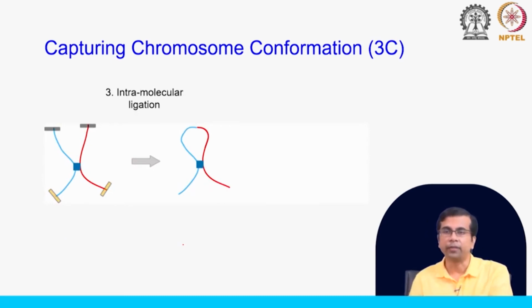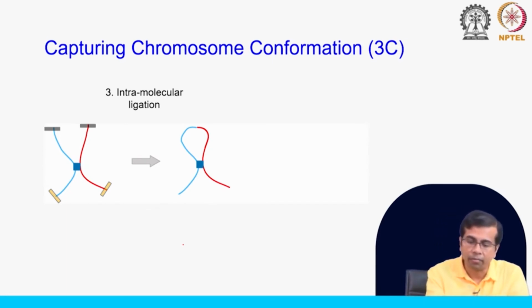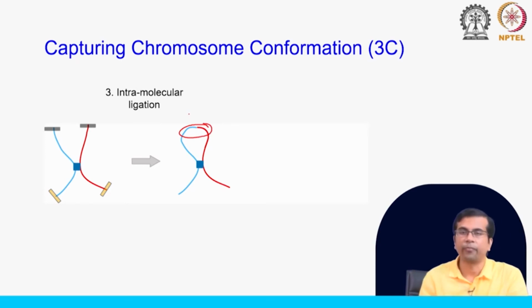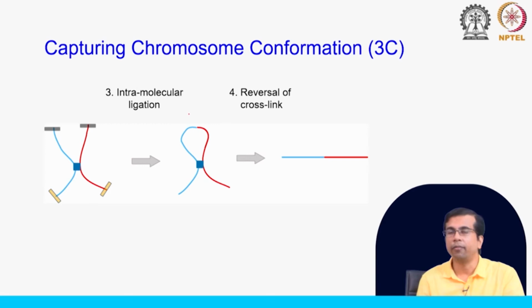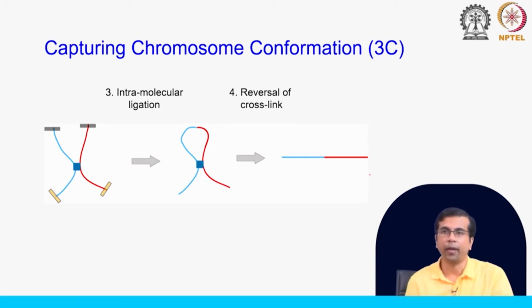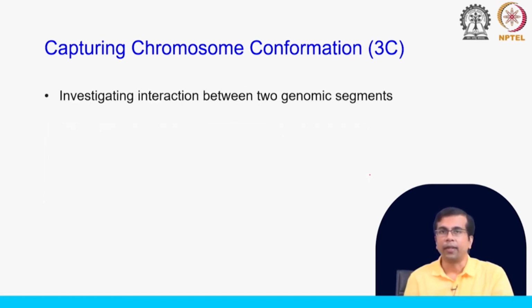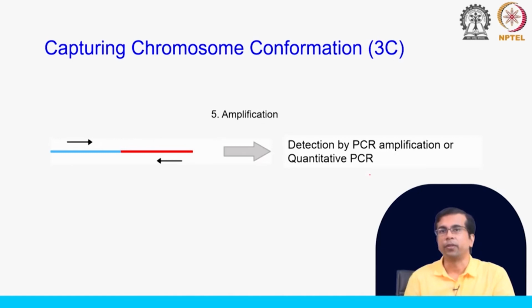Once you have isolated this fragment by restriction digestion, we join one end here. Once this end is joined, we reverse the cross-link, we remove this cross-link, and then the DNA is linearized.